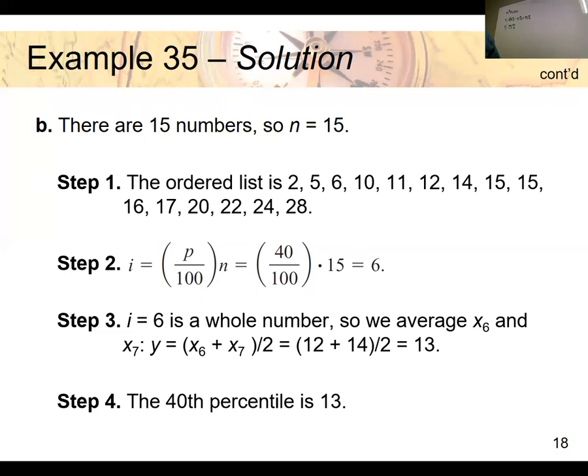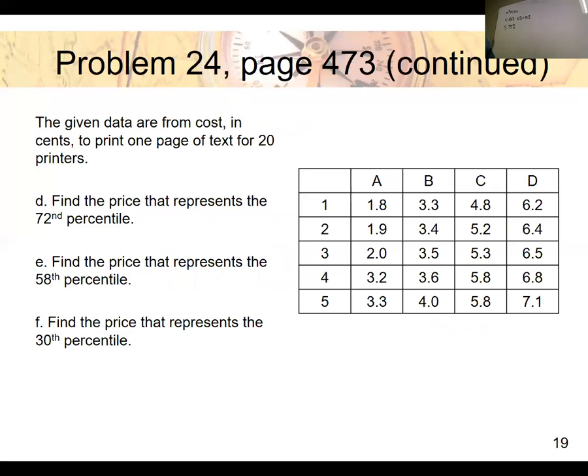Okay. All right, take a look at, now this is a continuation of problem number 24. Okay, because in the homework, they're combining that particular problem. The first 3, we had to find the percentile for each one. The last 3, you have to find the data value that represents that particular percentile.